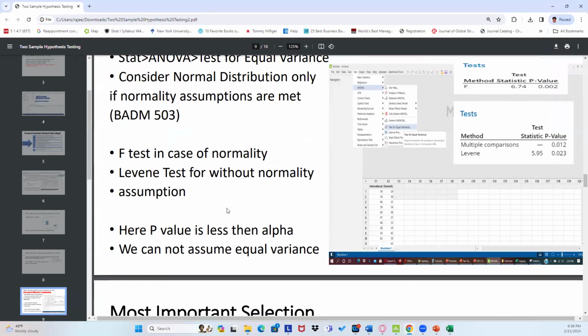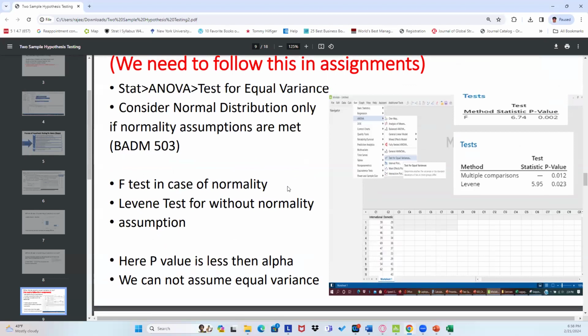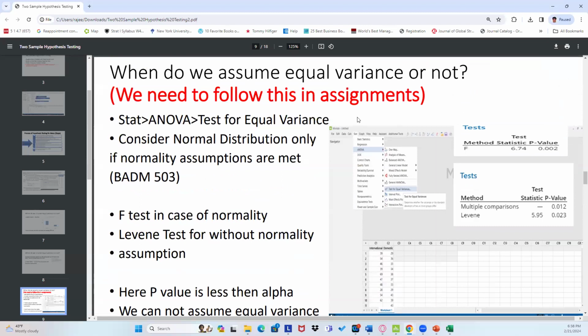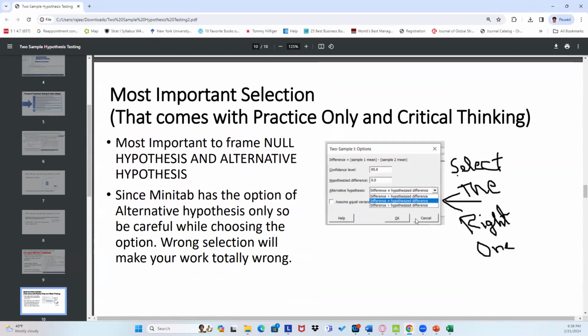That means we cannot assume equal variance. And if the p-value is greater than the alpha value, you can consider equal variance. So before doing this, always check the equal or unequal variance option. Most important for the null, Minitab also has the option of alternative hypothesis, which I already explained.